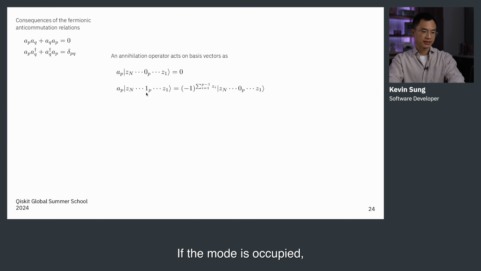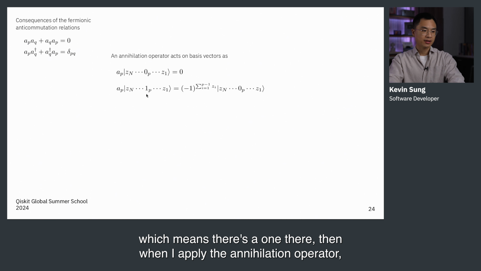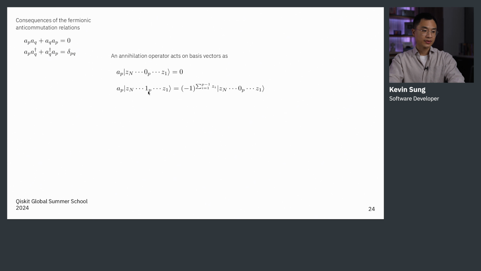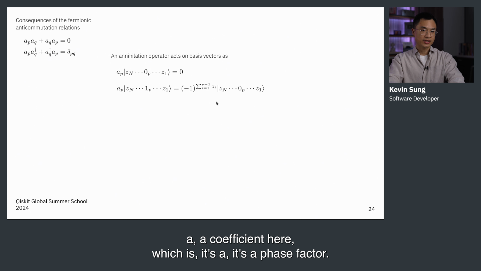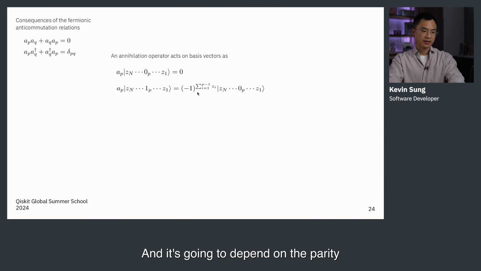If the mode is occupied, which means there's a 1 there, then applying the annihilation operator flips that 1 to a 0. But we also pick up a coefficient, a phase factor. It's going to be plus or minus 1, and it's going to depend on the parity of the preceding bits.